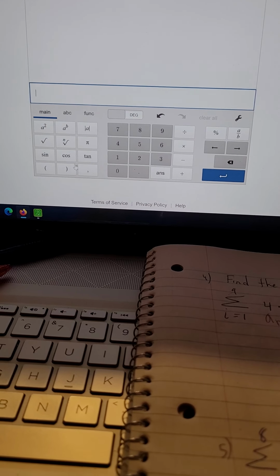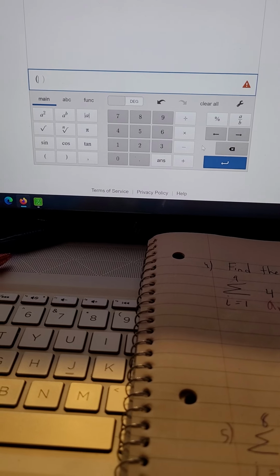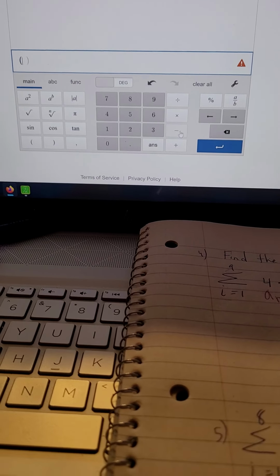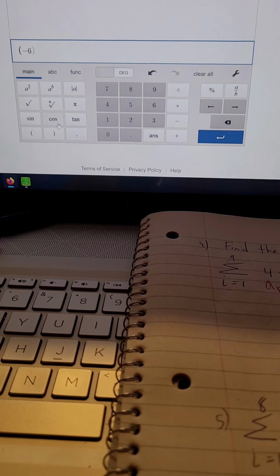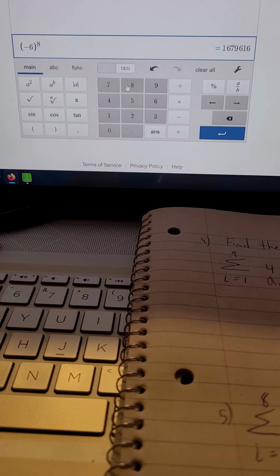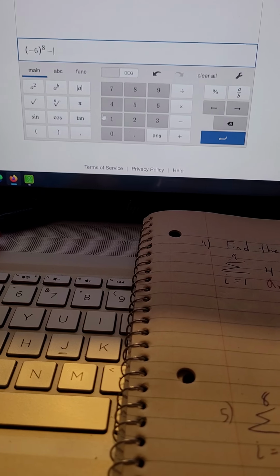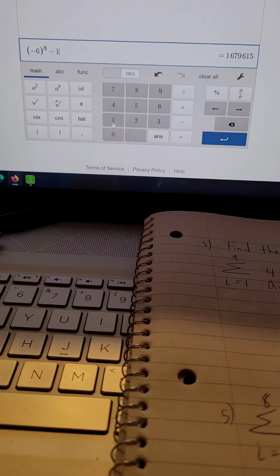I'm going to make sure to put those parentheses because if you don't, you're going to get a different answer. -6, close the parentheses, exponent 8. Because I know it should have been a positive number. And I'm going to subtract 1, equals, okay, good.